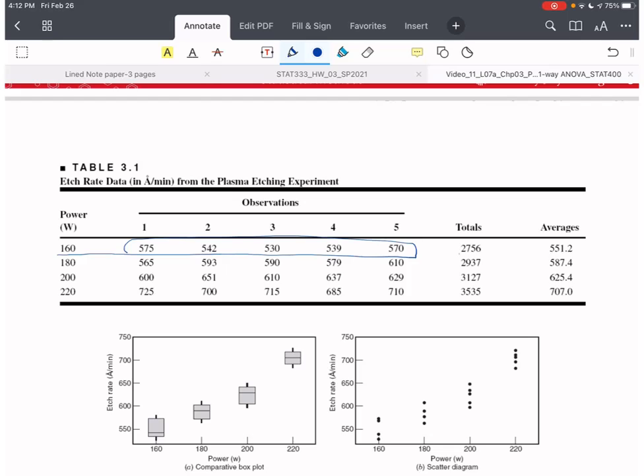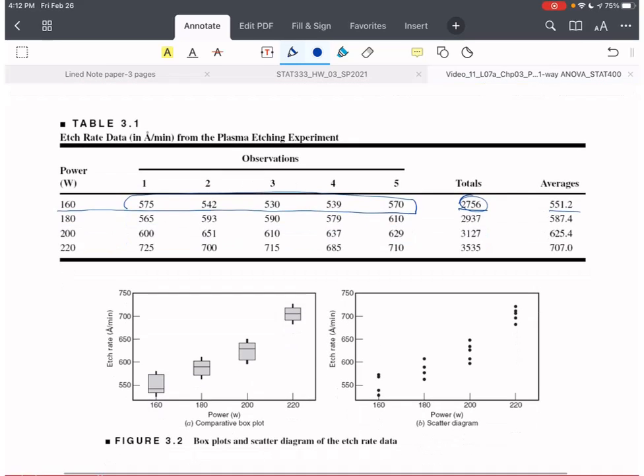And so we've gone and totaled and averaged. So divide this by 5 to get the other. Okay? And we looked at these box plots and saw that the general trend is upward. As the power increases, the etch rate increases. And the dot plot shows the same thing, but maybe not as well as the box plot, that we have this general upward trend.